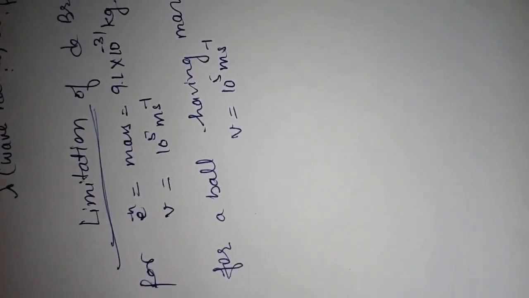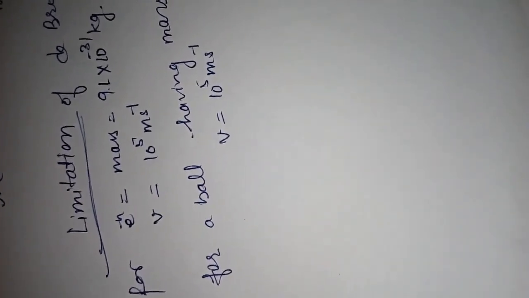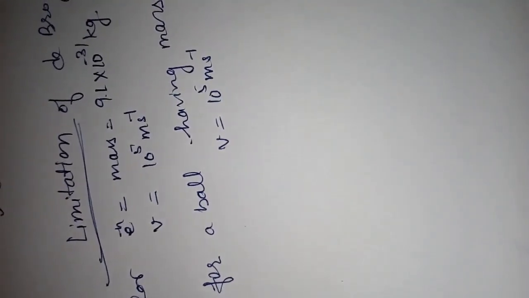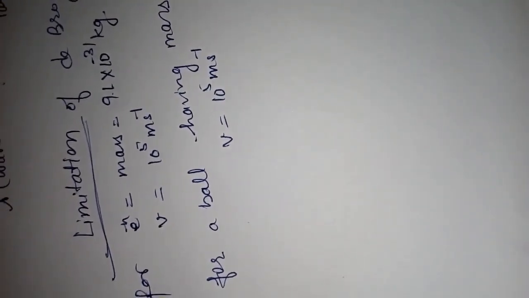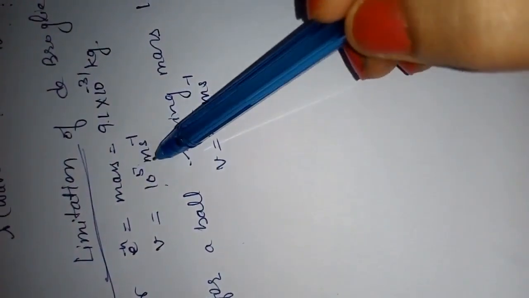So how does it hold good for microscopic particles and not for macroscopic particles? Let us take one example: an electron and a ball are both moving with the same velocity, that is 10 raised to power 5 meter per second.